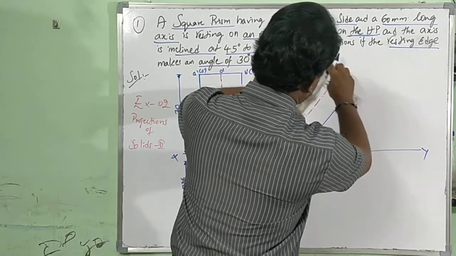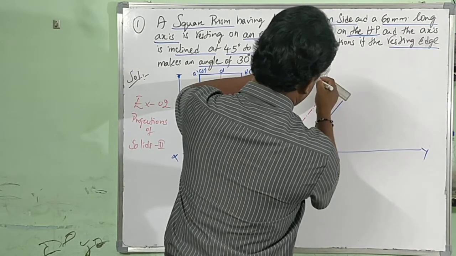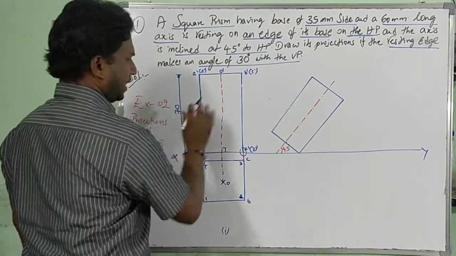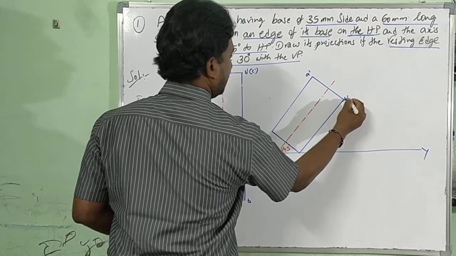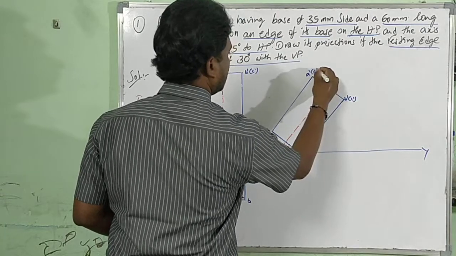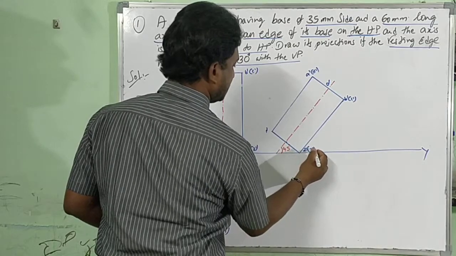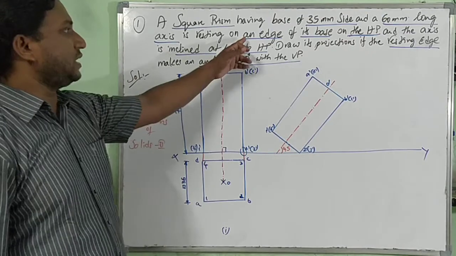Complete the rectangle. Same as it is, turning it out. This is A dash, B dash, C dash, D dash, this is O dash, 1 dash, here 2 dash, 3 dash, 4 dash. Now I have satisfied the first condition.